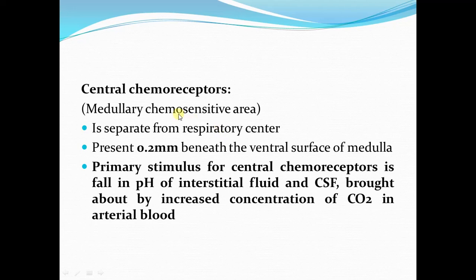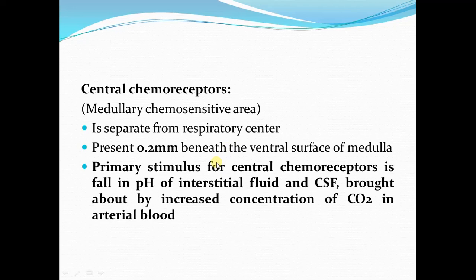It is a separate area present in the brain stem, 0.2 millimeter beneath the ventral surface of the medulla. So this is the location of the central chemoreceptors. I am repeating that central chemoreceptors are present in the medulla about 0.2 millimeter beneath its ventral surface, and this area is separate from the respiratory center itself.